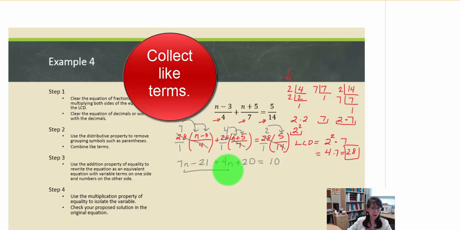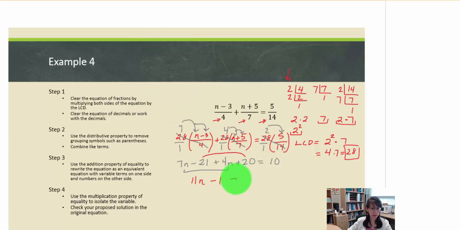7n and 4n are like terms. And then we have negative 21 and 20 as our like terms. So 7 plus 4 would give us 11n. Negative 21 and positive 20 would give us minus 1. And that is all equal to 10.